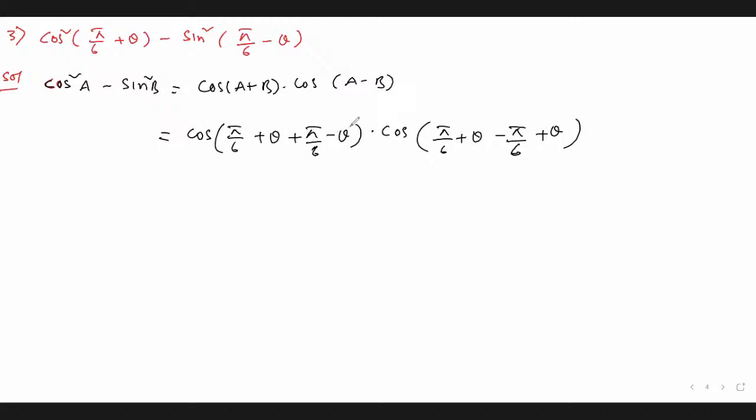So minus theta plus theta get cancelled, and minus pi by 6 plus pi by 6 get cancelled. You are going to get cos pi by 6 plus pi by 6, which is 30 plus 30, 60, means pi by 3, into cos 2 theta. So cos pi by 3 value is equal to 1 by 2, cos 60 into cos 2 theta you are going to get.